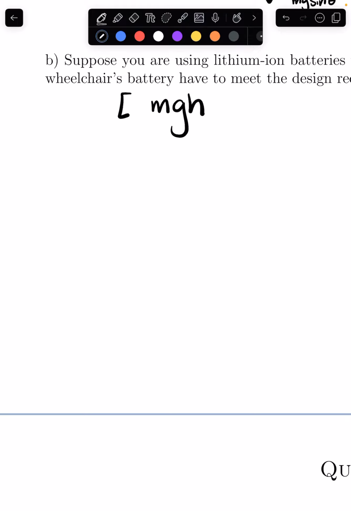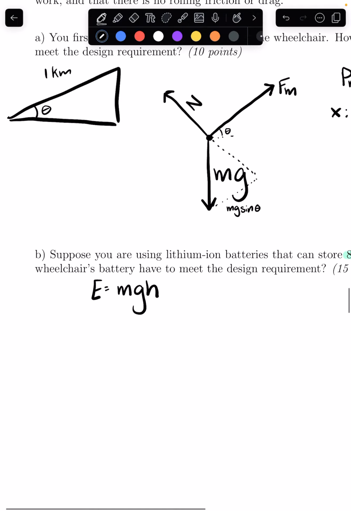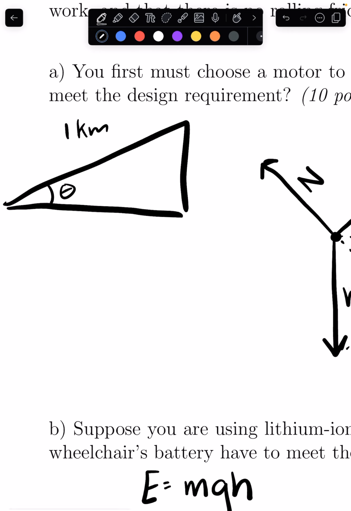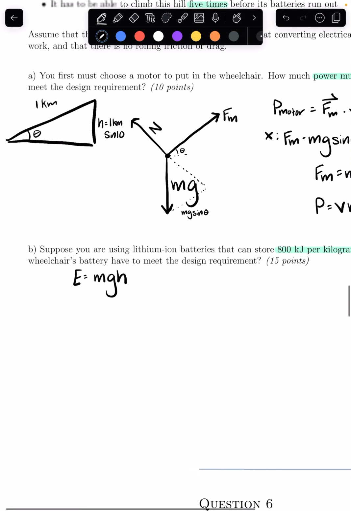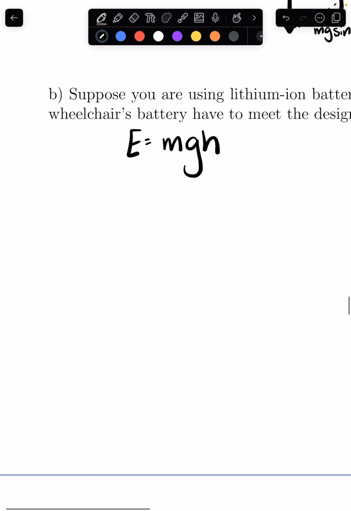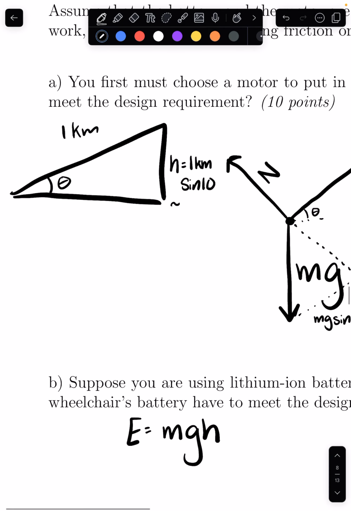This is the energy needed to climb the hill. From this drawing right here, we can figure out our h. Our h is going to be equal to that 1 kilometer times sine of 10. And when you turn that into meters, you're going to get around 174 meters.